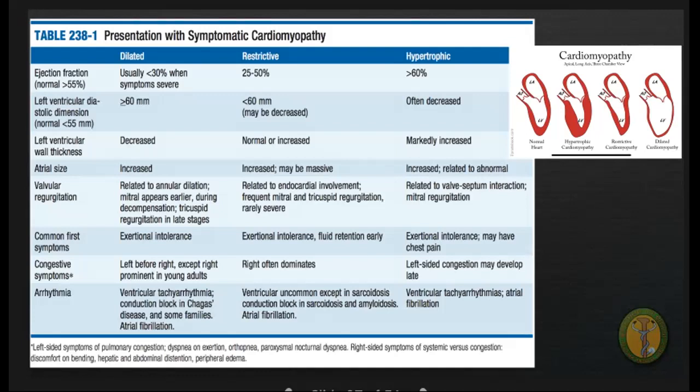While for hypertrophic cardiomyopathy, the left ventricular cavity is small and obliterated with a markedly hypertrophied septum. Mitral regurgitation is secondary to the valve-septum interaction, due to the systolic anterior motion of the mitral valve, and it will present initially with exertional dyspnea or fatally as sudden cardiac death.